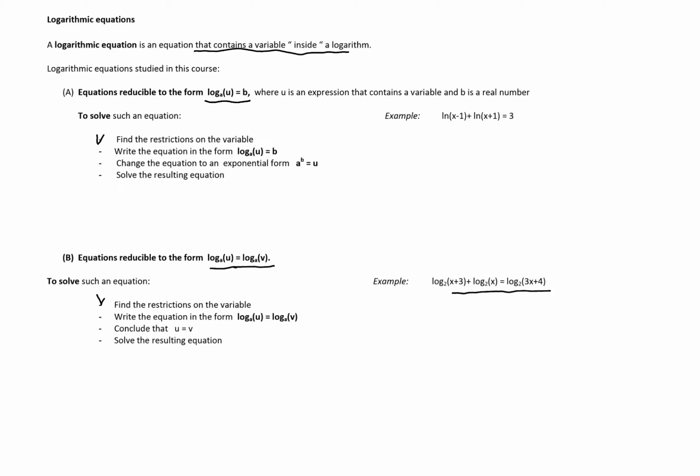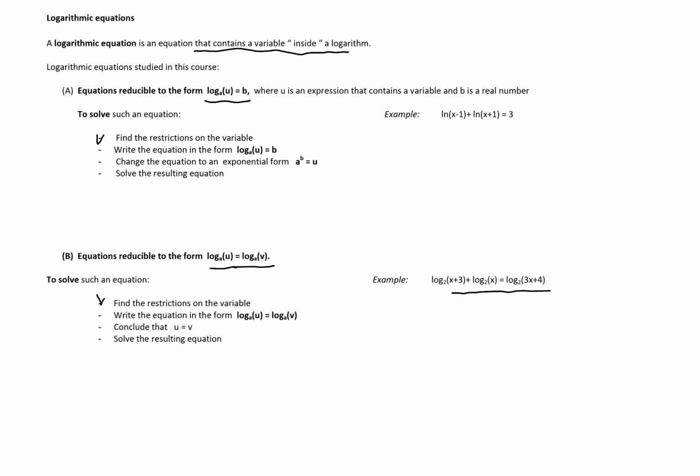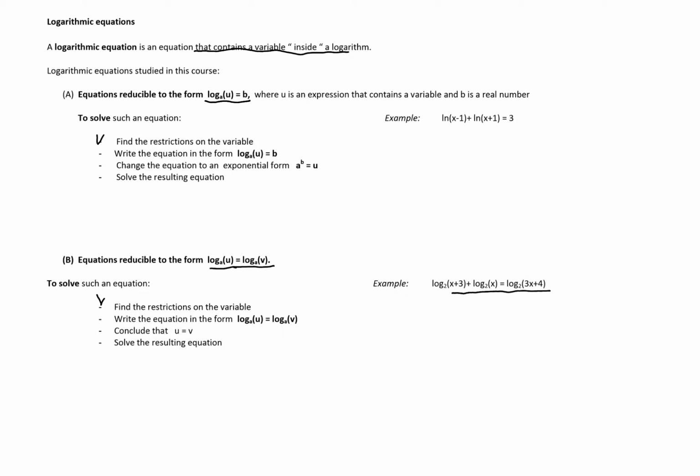So, for example, if I'm looking at the first equation, this equation is not written in that form, logarithm equals a number, but it can be quickly done by using properties of logarithms. We have the sum of two logarithms on the left.